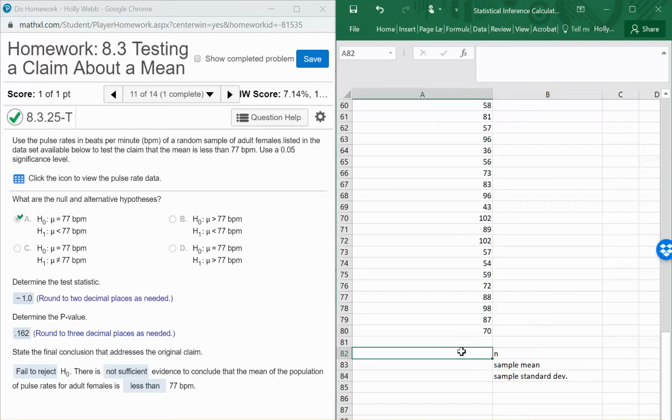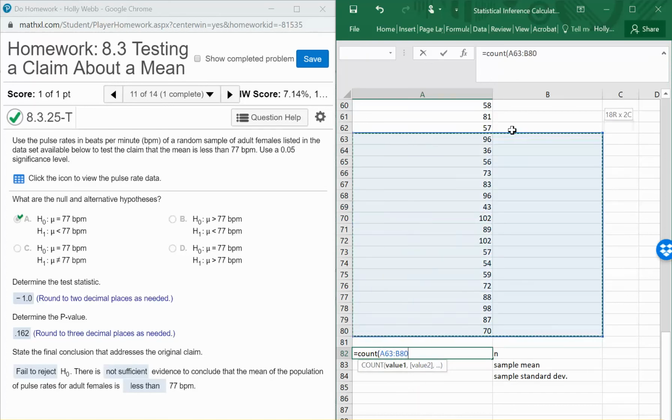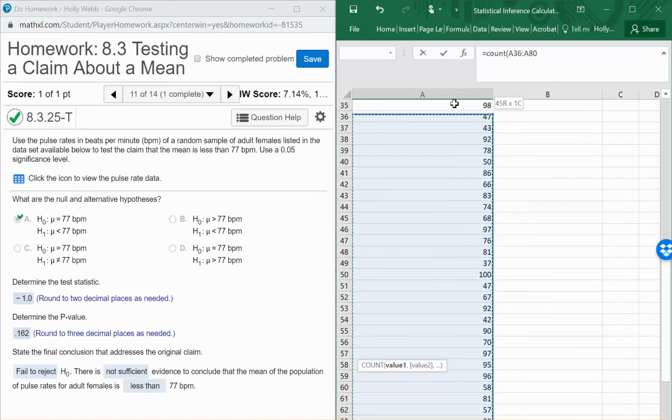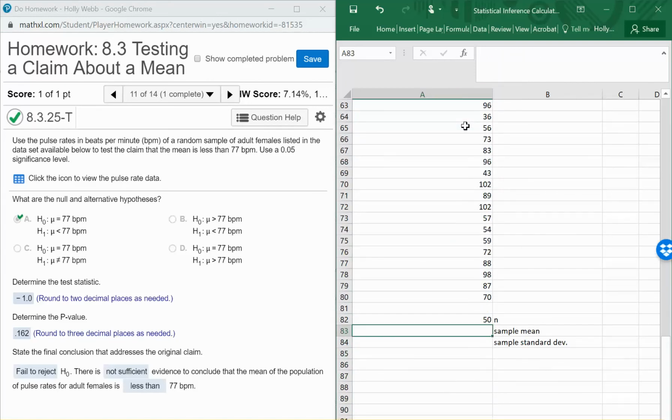Okay, so to find my n, I'm going to say equals count. And I'm going to collect all my data. And the n is 50. I'm going to find my sample mean. You could add them all up and divide by 50.